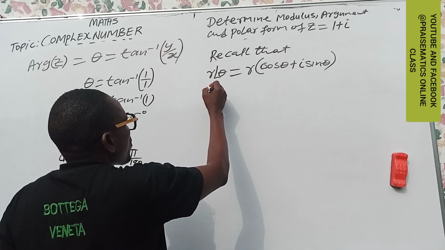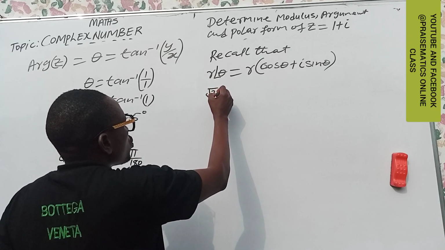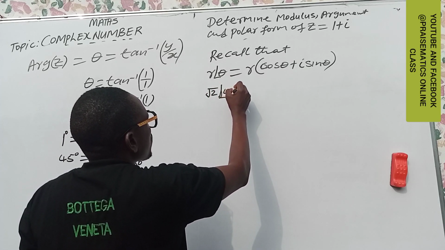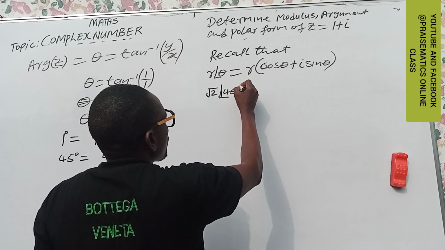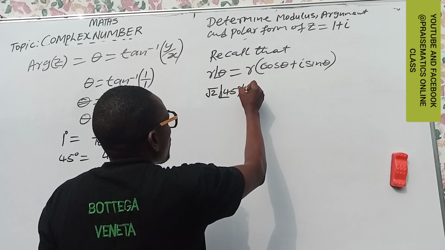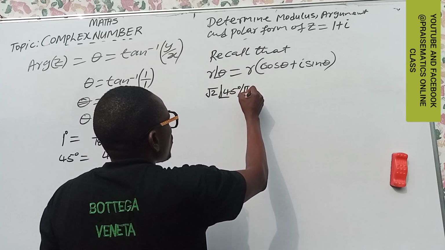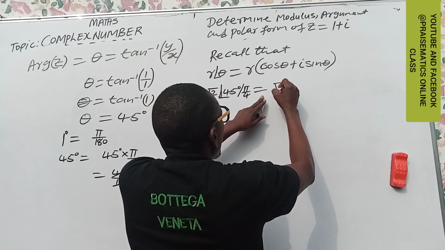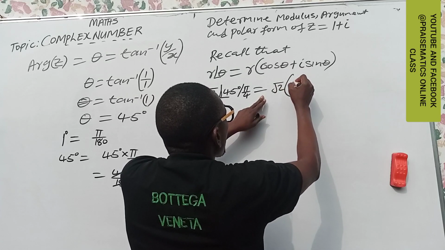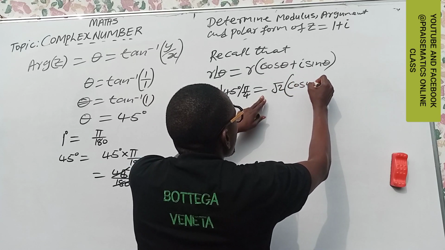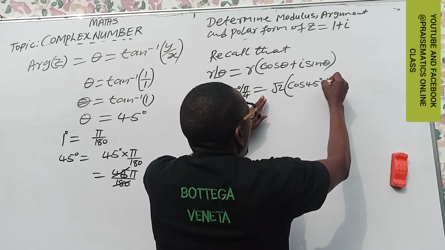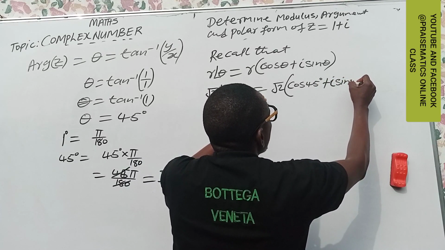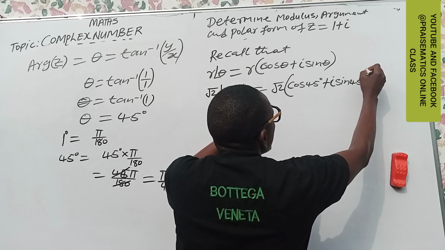Our r is root 2, and our theta is 45 degrees, or you can say pi over 4. This is equal to root 2 into cos 45 degrees plus i sine 45 degrees.